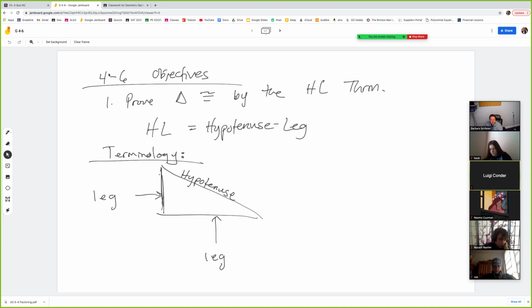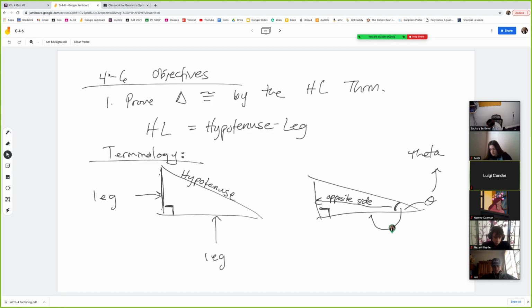Now, what is very important is this is only for right triangles. But also, if we call this theta, the Greek letter theta, if this is angle theta, this side is called the opposite side, and this side is called the adjacent side.